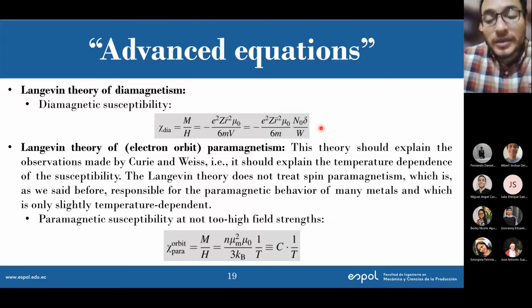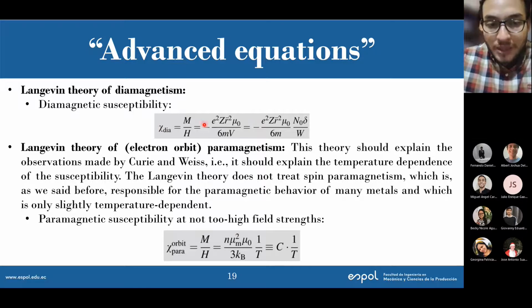I'm not going to explain the theory in detail, but you can start seeing why it's so important to use quantum mechanics. If we tried to model the susceptibility in diamagnetics otherwise, you definitely wouldn't get a value close to experimental values.